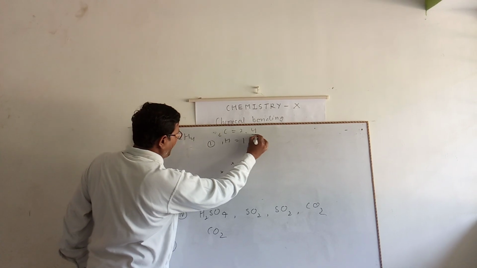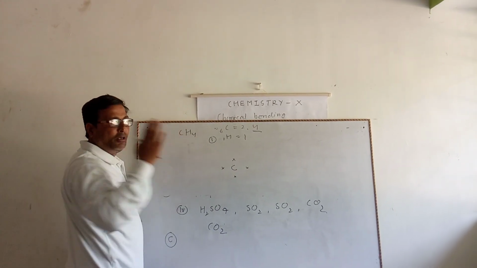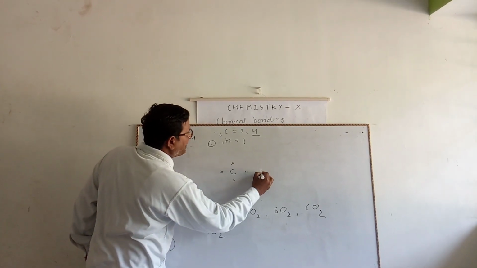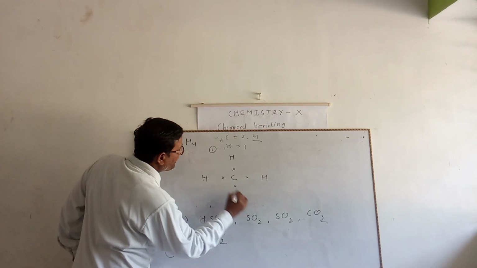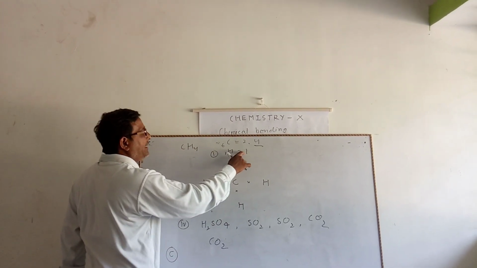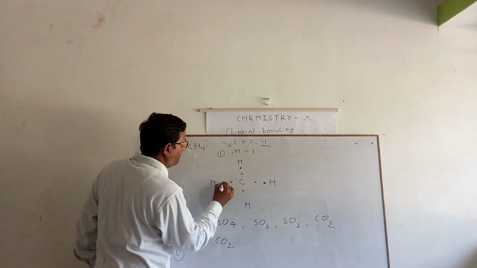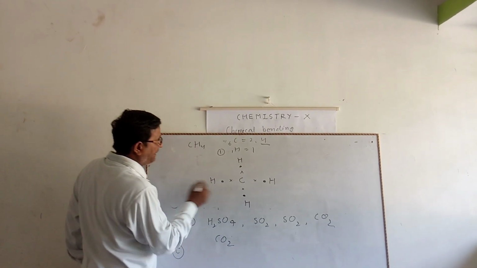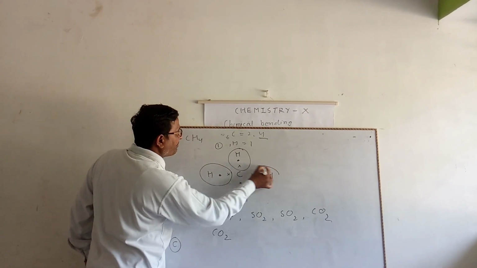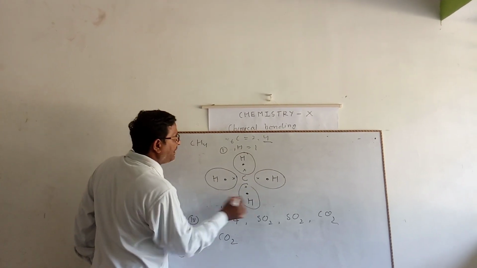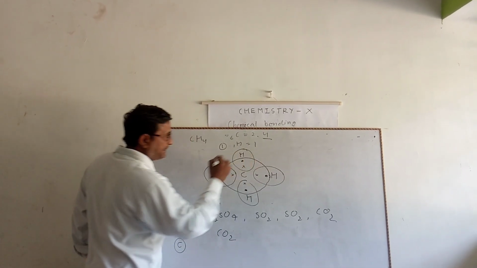How many hydrogen atoms? 4 hydrogen atoms. You write all 4 hydrogen atoms here. One hydrogen has 1 electron in its valence shell. Now you can easily see that the duplet of hydrogen is completed, with 2 electrons, and the octet of carbon is also completed.